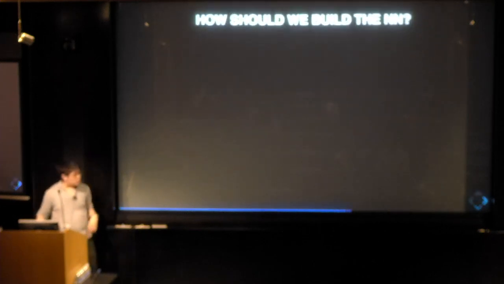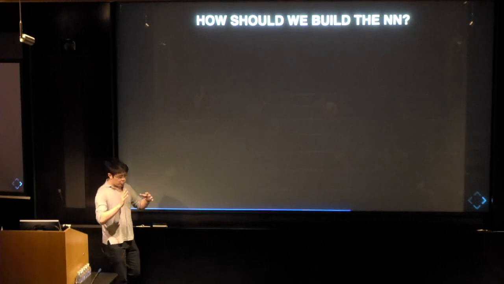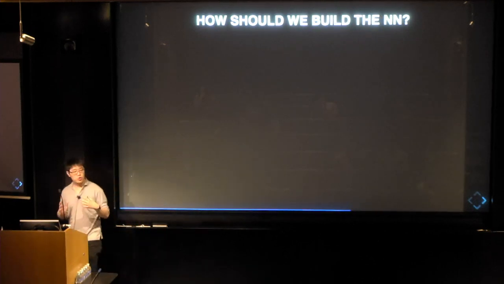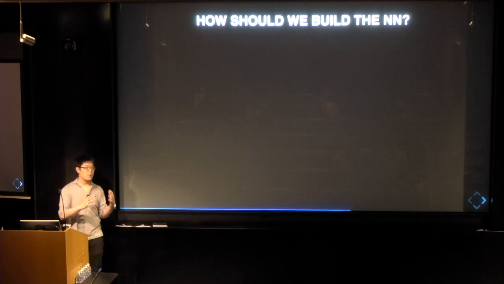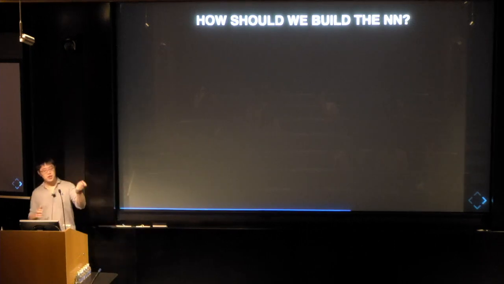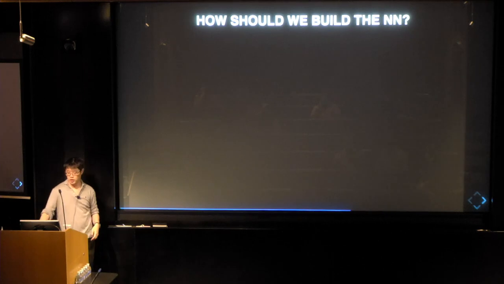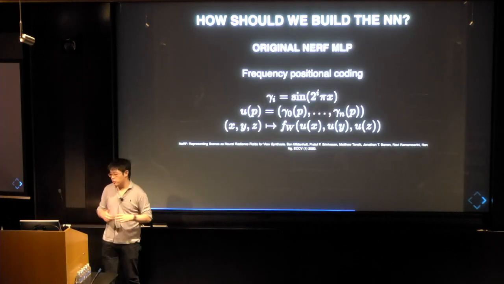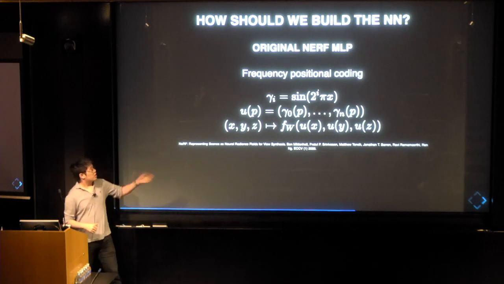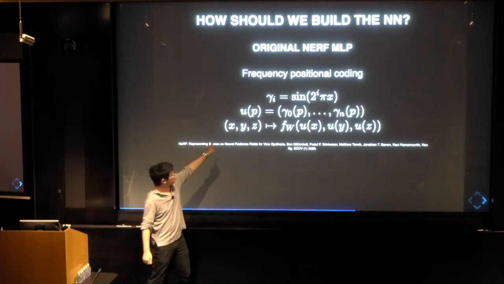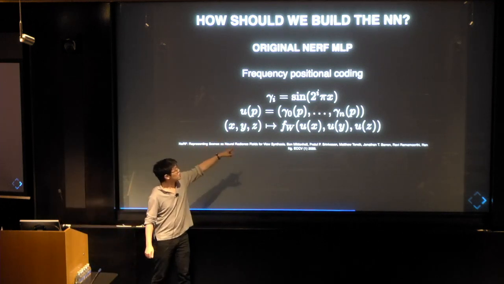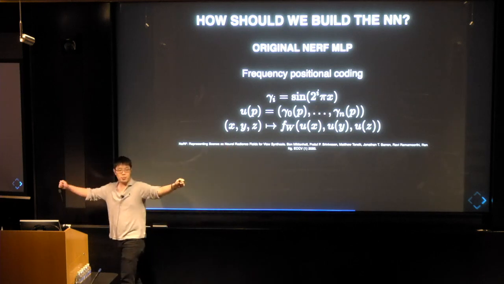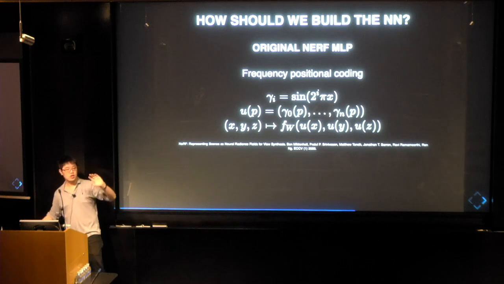There are a few knobs that we can tweak on the NeRF. One question is how we build the underlying neural network that predicts the intensity of the light and the color at each point in space. The original paper built it using essentially a frequency-encoded MLP. It took each of the positions, x, y, and z, expanded them in terms of a Fourier series, and fed these big vectors into a two-layer MLP that predicts the color.